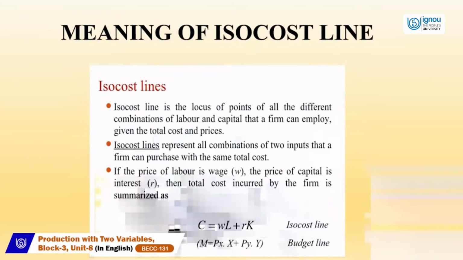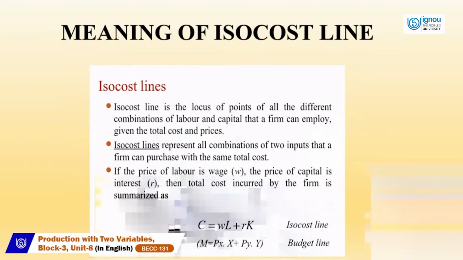Before, it was just a combination or a locus of points, where the dots that were drawn show the combinations the firm can purchase or produce, given the prices as well as the total cost. But symbolically, it is represented by W and R for the prices.